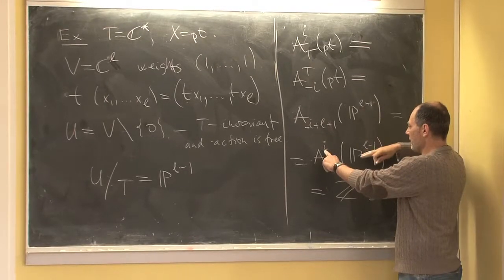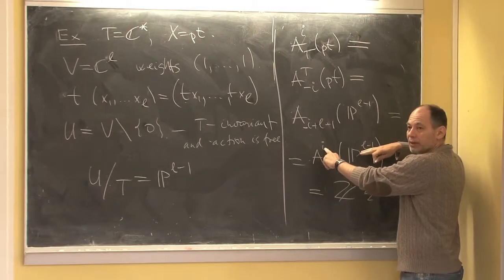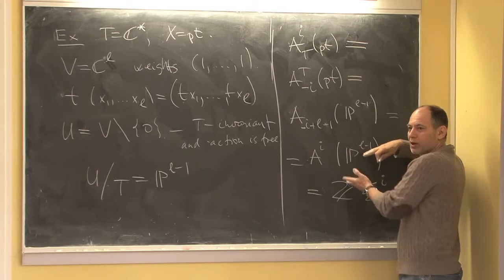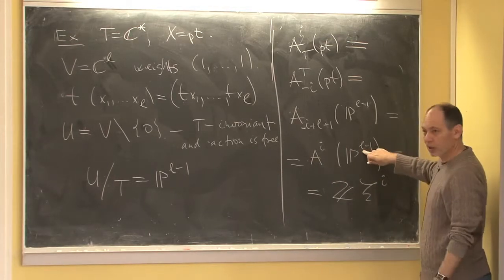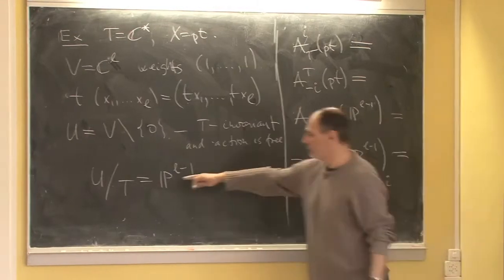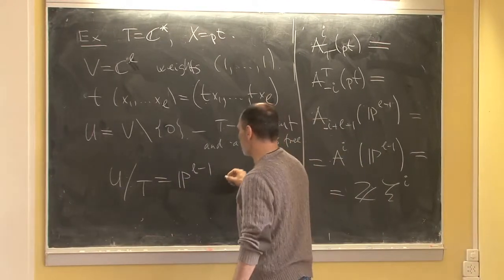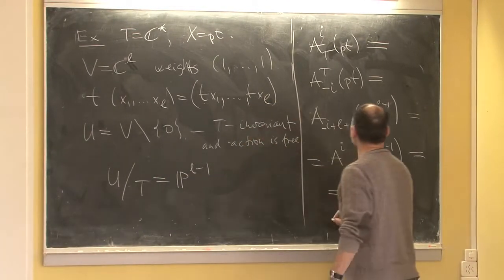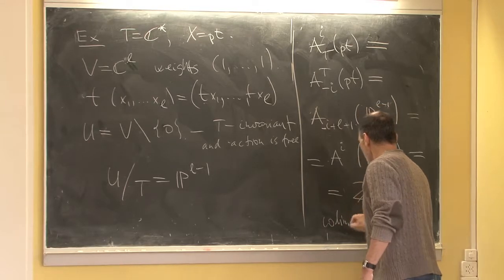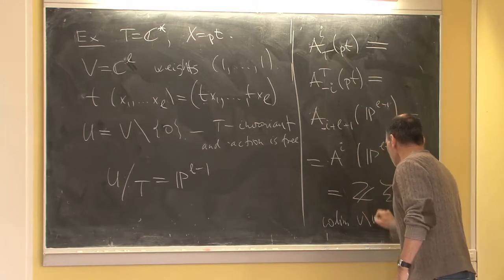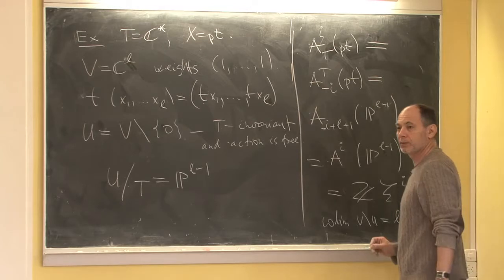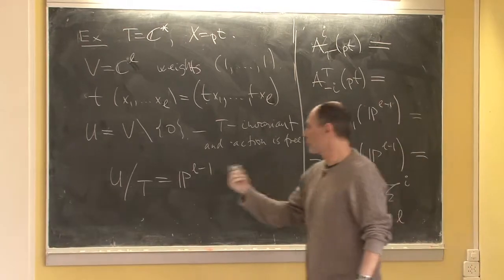Of course, if I is larger than L, then this does not work. So it obviously depends on L, but if you choose L large enough, the codimension of U, so the codimension, I didn't write that here. So here the codimension of V minus U is equal to L, right? Because it's a point. We only throw away the point here.